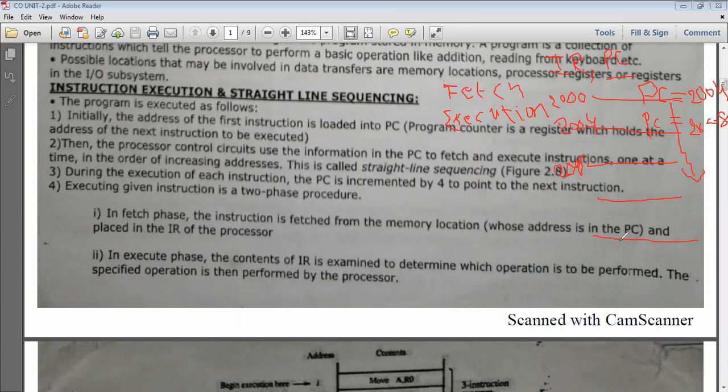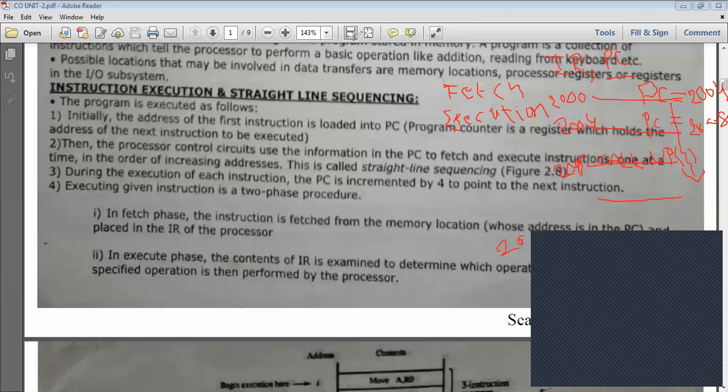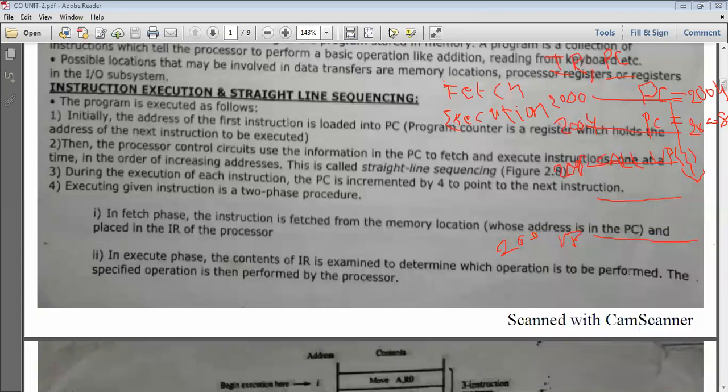The sequential flow breaks. Suppose there is a call instruction, call up, and the up function is stored at 2020.